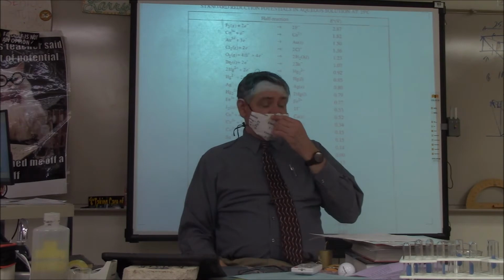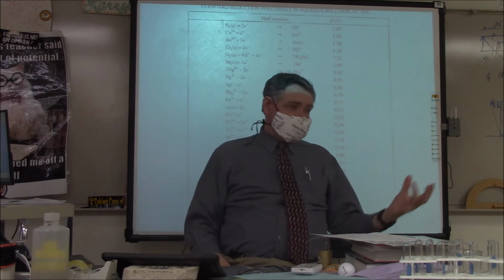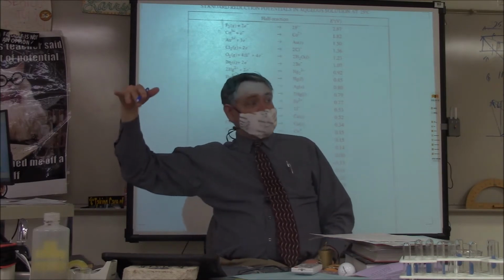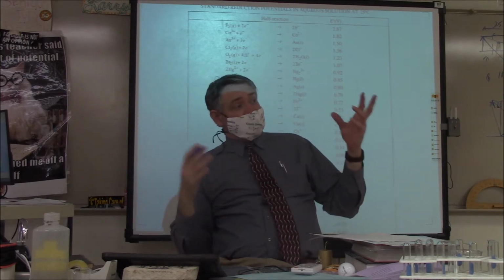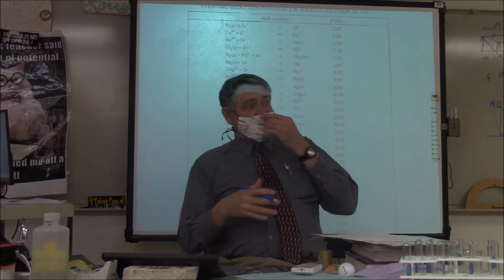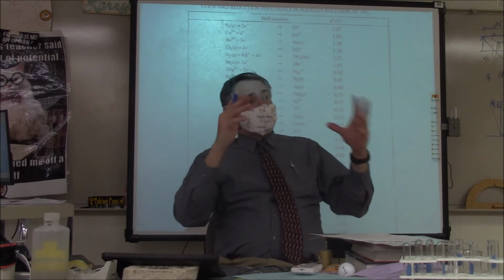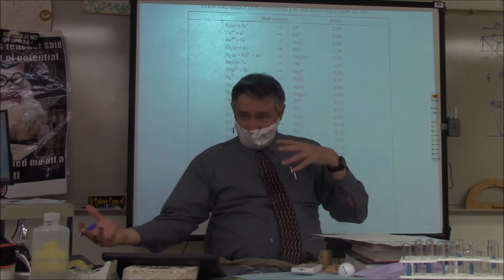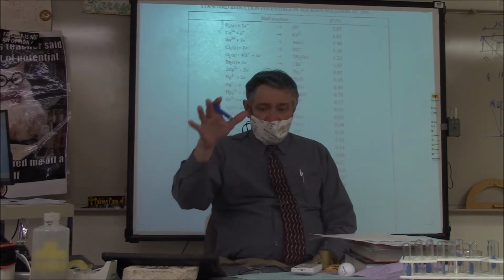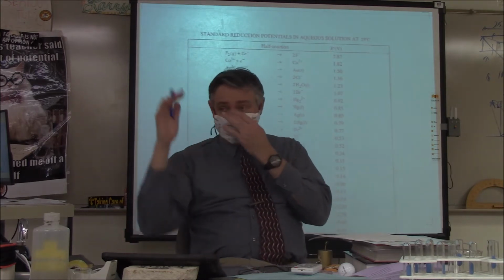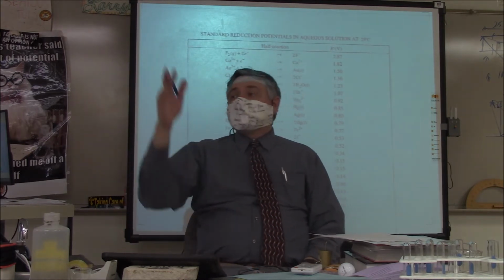Like, for example, if you look at KSP calculations, all KSP calculations are done under 1 molar concentrations. So that's where you can get into the QSP. QSP is under non-standard conditions, and then you can compare it to what's going to happen under standard conditions. So if you look at these E naught values, you'll see the difference between E and E naught.